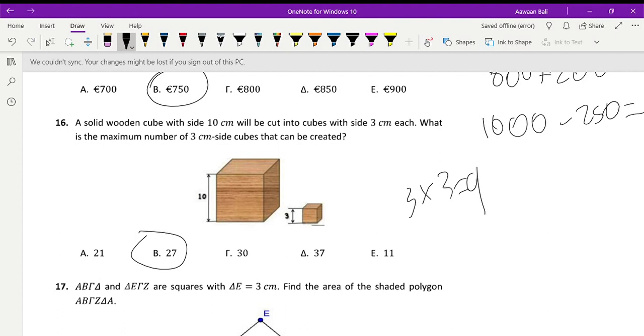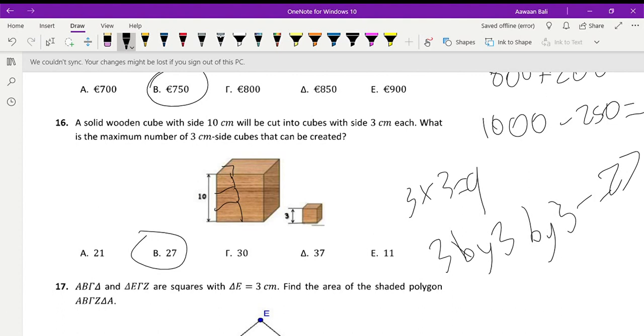there's 3 cubes that can be cut from the edge of the cube. So like this. And then since cubes have the same dimensions for everything, it's 3 by 3 by 3, which is 27.